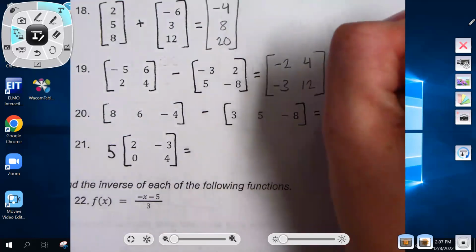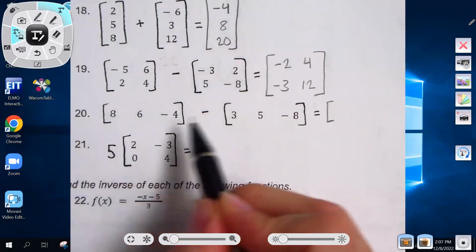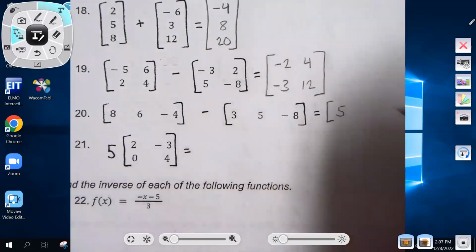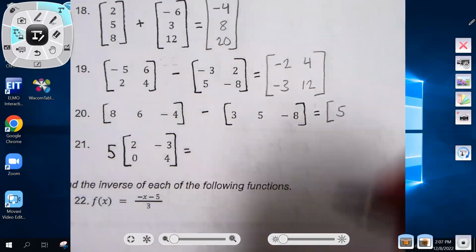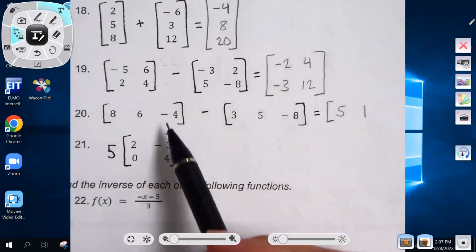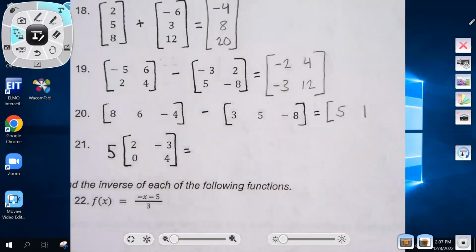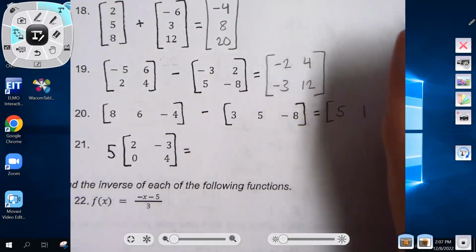Subtracting on number 20. 8 minus 3 is 5. 6 minus 5 is 1. -4 minus -8 is the same as -4 plus 8, which is 4.